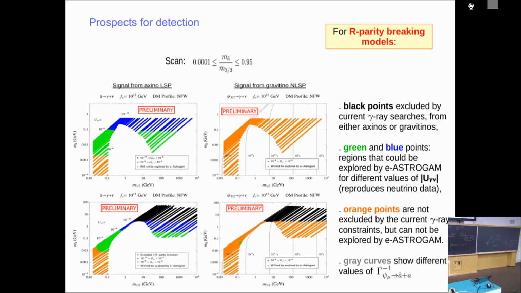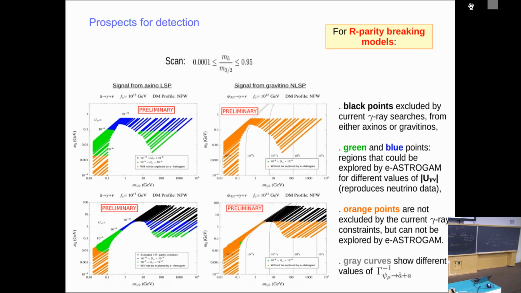Okay, then in this analysis here, I am using the Navarro, Frenk, and White profile, and then in this plot, this is the mass of the axino, this is the mass of the gravitino, and the black points are the ones that are already excluded, okay? Green and blue are the ones that in principle could reach an experiment similar to e-ASTROGAM, and the ones in orange are the ones that it is impossible to reach.